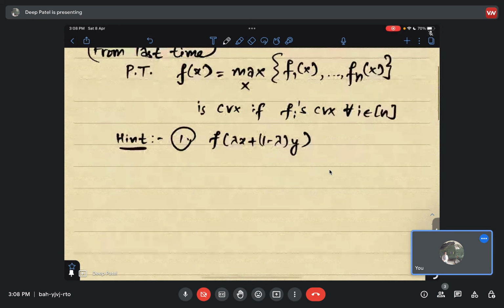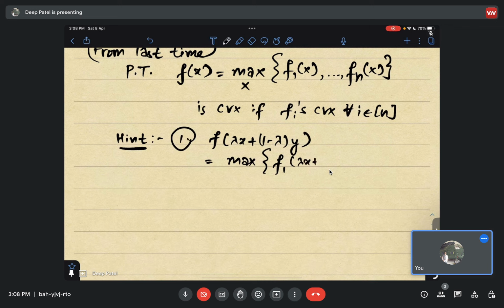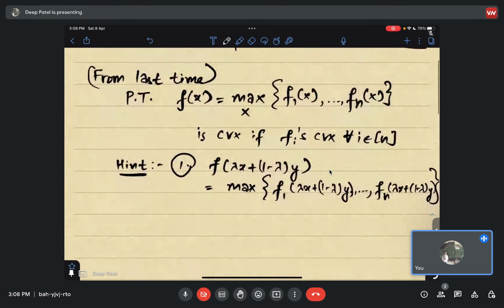Okay. So what will this be? Just a sanity check: why will proving this statement about the max of fi's solve what we had done last week?